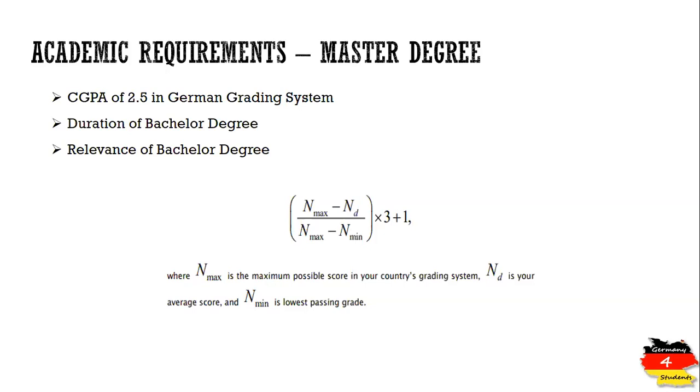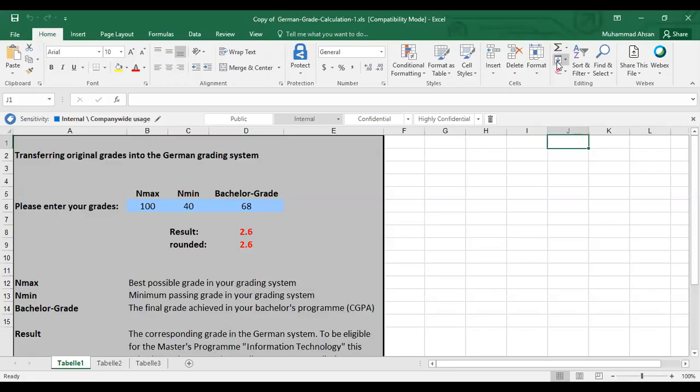I will show you how I do it. I use this Excel sheet, where the same formula that I showed you earlier is implemented. Let's say our university follows percentage, where the passing mark is 50, and I have acquired 68% marks.